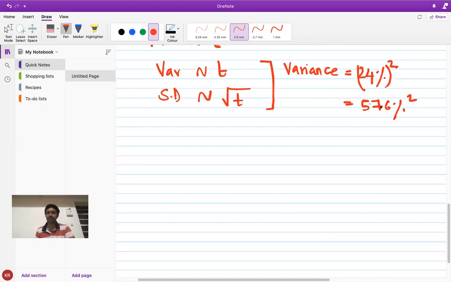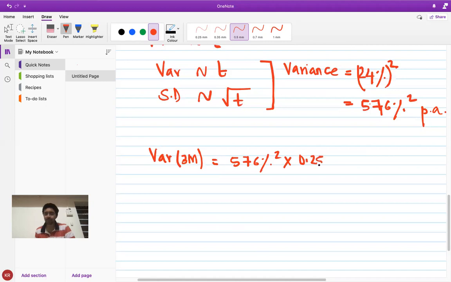Variance is 576% square per annum. Now if I ask you to calculate variance for 3 months, you can do 576% square into 0.25, which is equal to 144% square. This is nothing but 0.25 because 3 by 12.